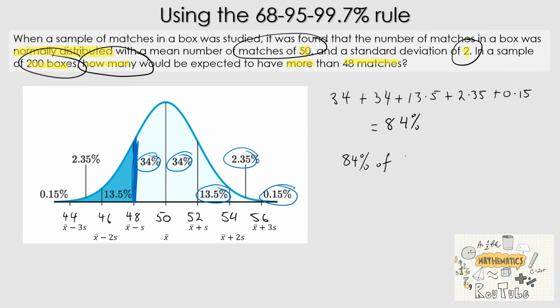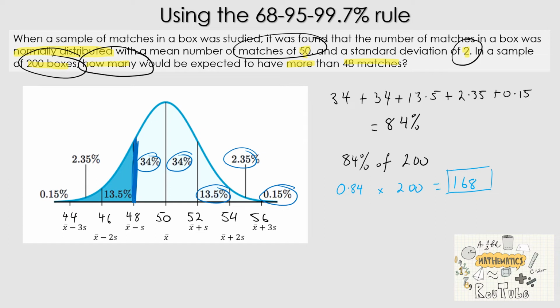We want to work out 84% of 200, which you can just put into your calculator as either 84% with the percentage sign, or as 0.84 multiplied by 200, and then hopefully you get an answer of 168. So that's our answer. 168 boxes would be expected to have more than 48 matches.